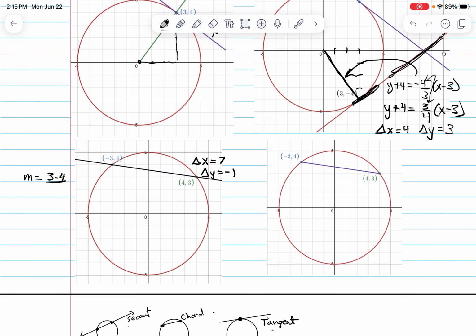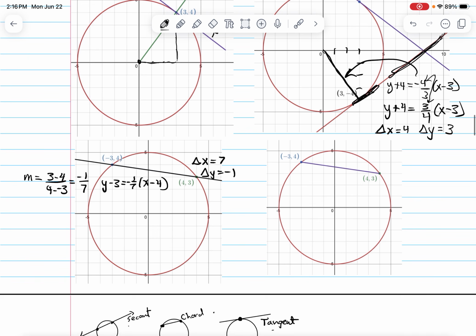Okay, 3 minus 4 over 4 minus a negative 3. And if I do it that way, I'm going to get negative 1 over 7. Okay, so I still get the slope of negative 1/7. So here's what we would have. We would have y minus 3 equals negative 1/7 x minus 4. There we go.